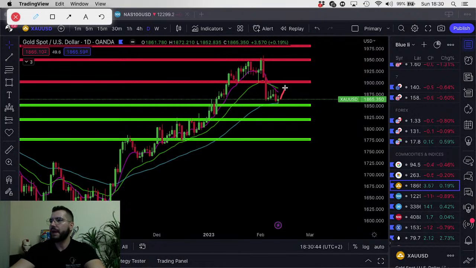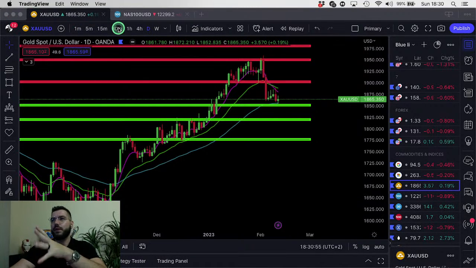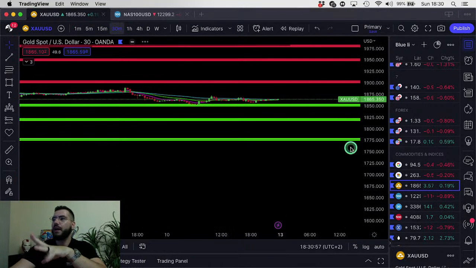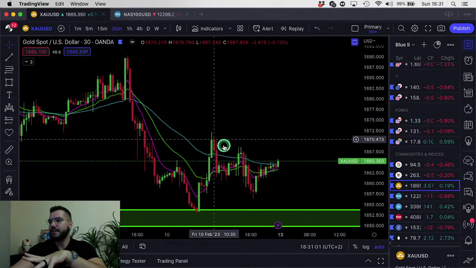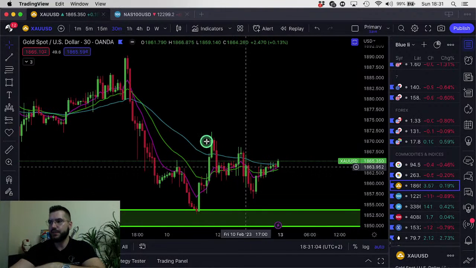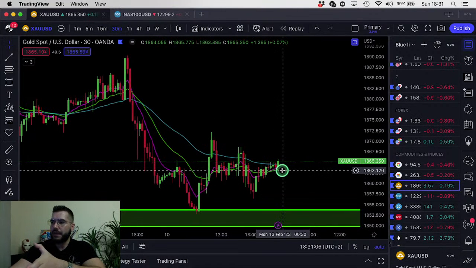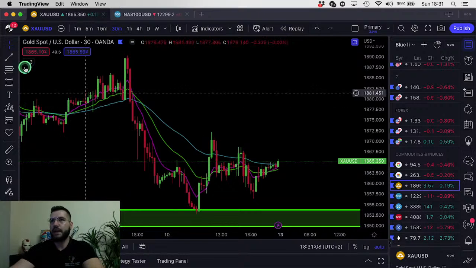We just automatically buy up to that next primary resistance level at 1900? No, okay, we need to get a clear indication that that is what the market is planning, and for that I'm going to drop down to at least a 30-minute time frame, and here you can see that yes, tides are turning. EMAs are pointing in the right direction.